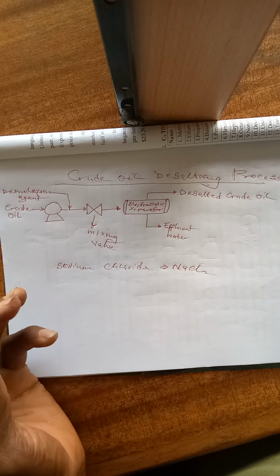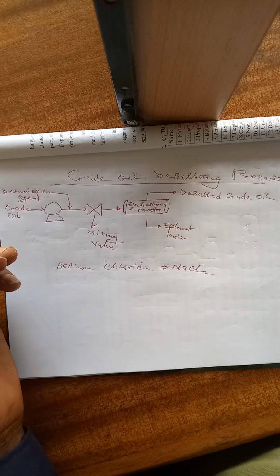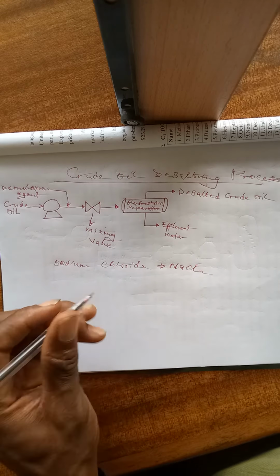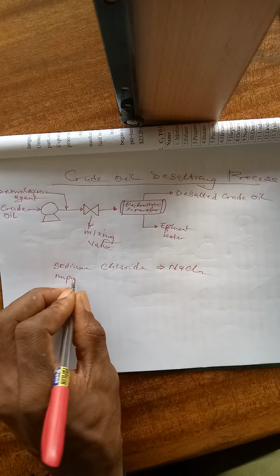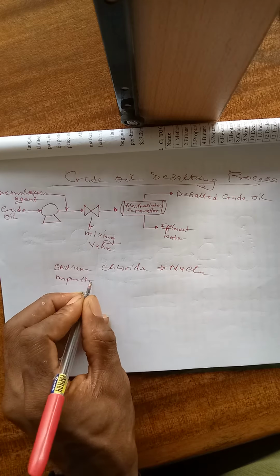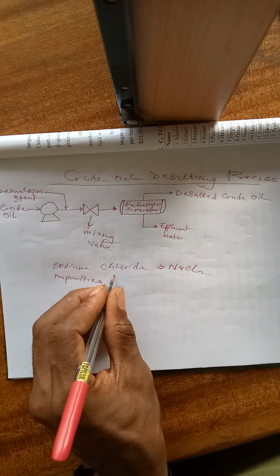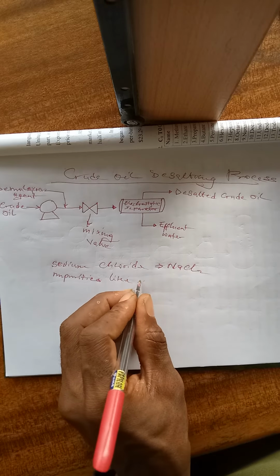Then we also have magnesium type. We have other impurities like clay.